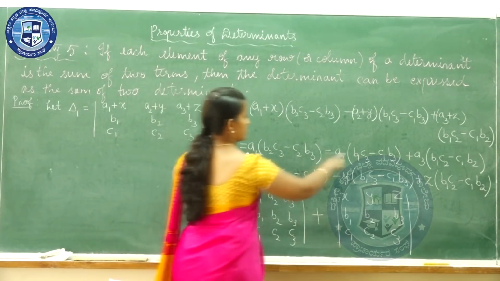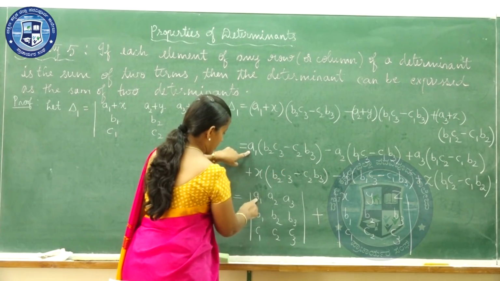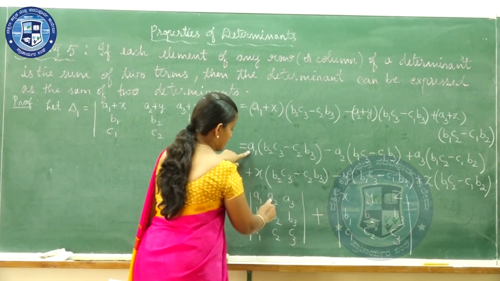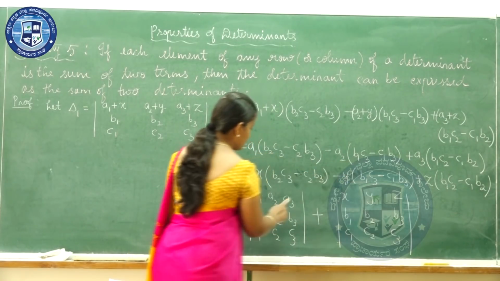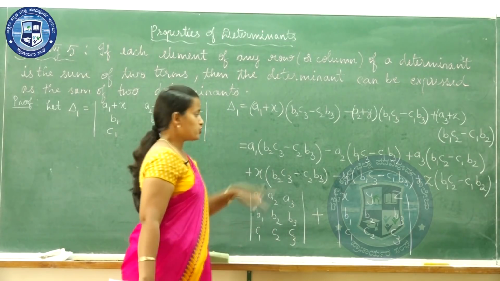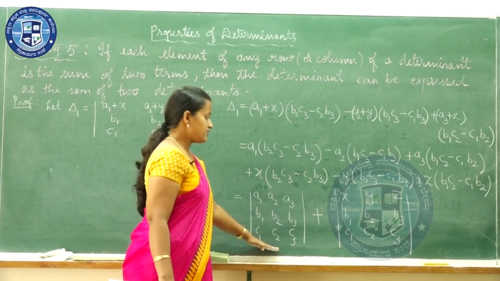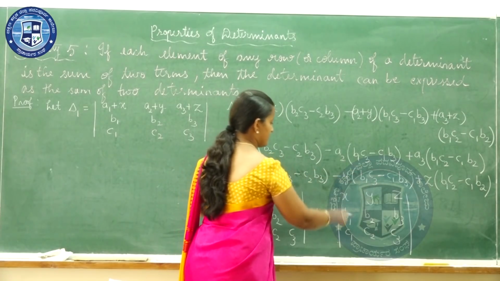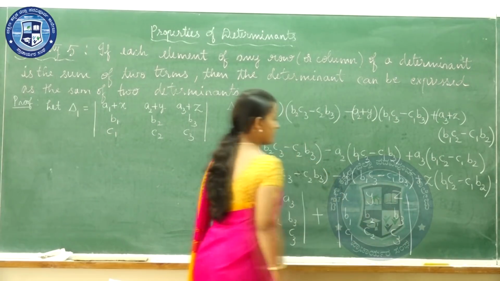Let us check with the first thing. a1 into b2 c3 minus c2 b3 minus a2 b1 c3 minus c1 b3 plus a3 into b1 c2 minus c1 b2. So this expansion is nothing but this determinant itself. Similarly, in the place of a1, a2, a3, it is just x, y and z, remaining everything is same. So second part is nothing but this determinant.